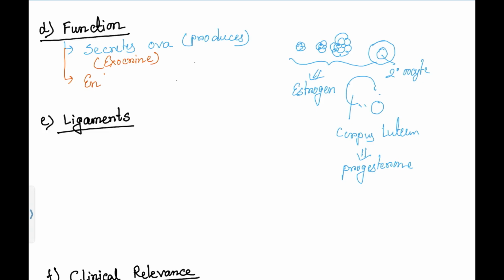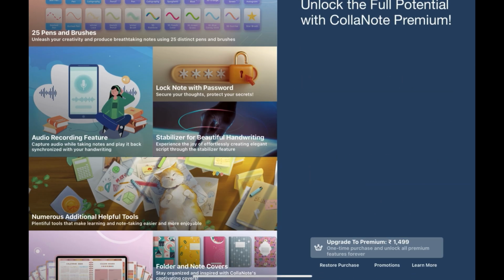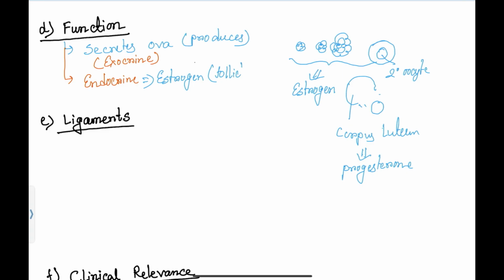And the endocrine function of the ovary is to secrete estrogen and progesterone. Estrogen is secreted by your follicles, and progesterone is secreted by your corpus luteum.